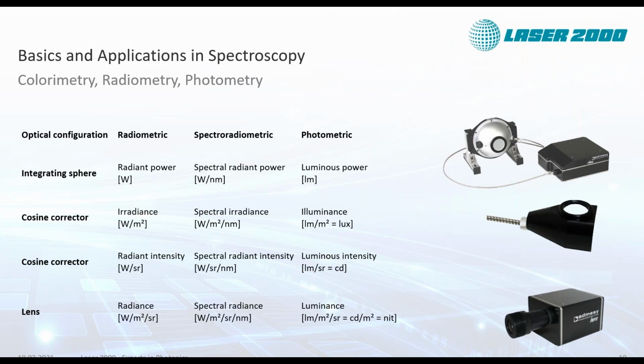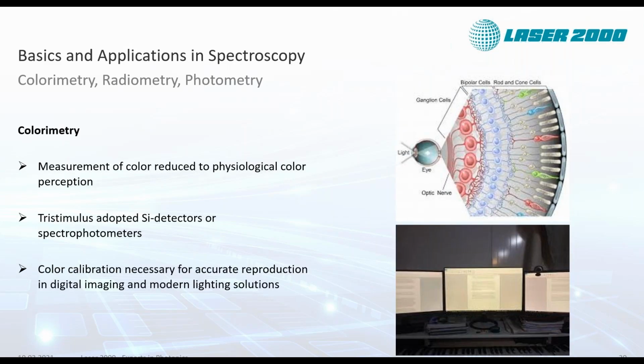Then the cosine corrector, often used for irradiance or the related measurements, or the radiant intensity measurement. The irradiance is more based on an area, and the radiant intensity is referred to with a solid angle. And a lens when you want to measure the radiance or luminance respectively.